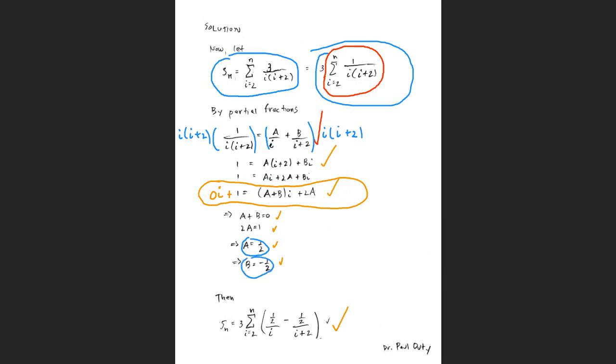So we could think of it like this: A plus negative a half. This is your A. A is a half, and B is negative a half. Very good, Clea. Good questions. Very good participation.